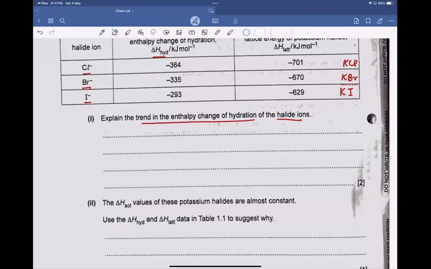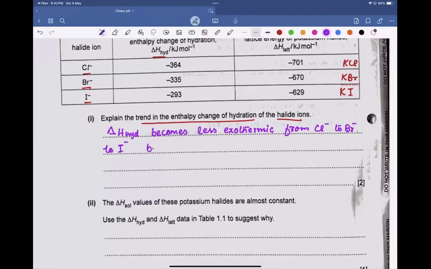So the enthalpy change of hydration becomes less exothermic from chloride to bromide to iodide, because the ionic radius or the ionic size increases and the charge remains the same.